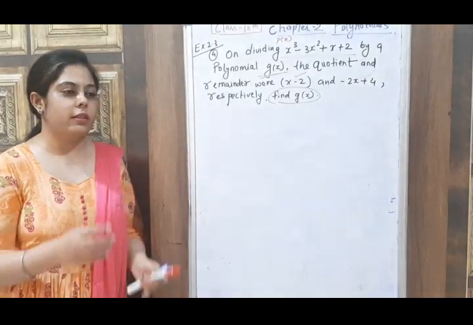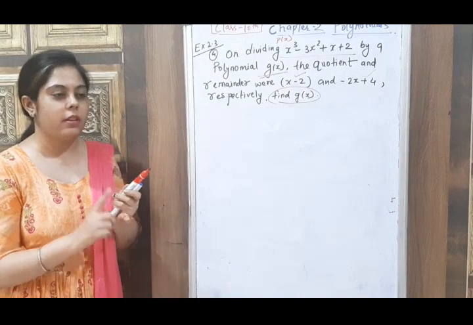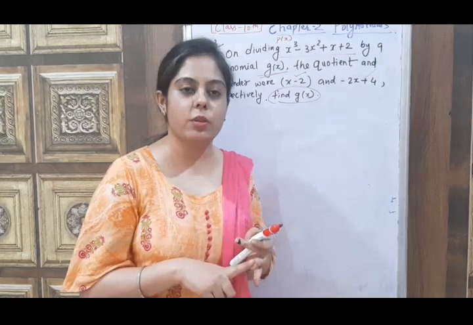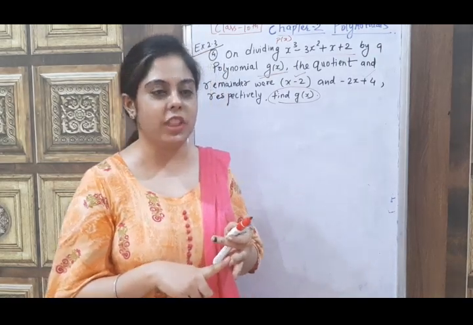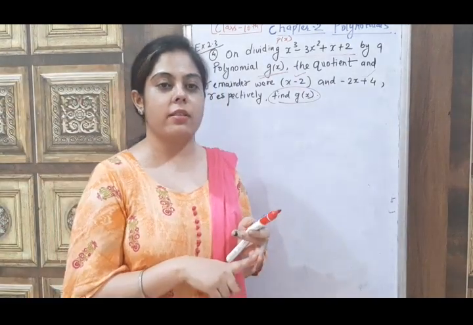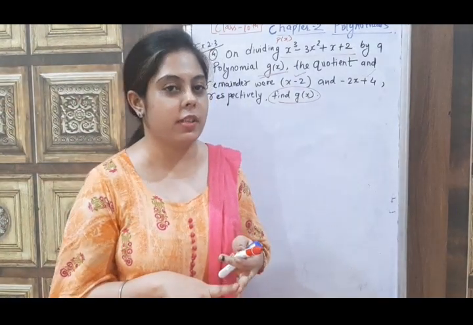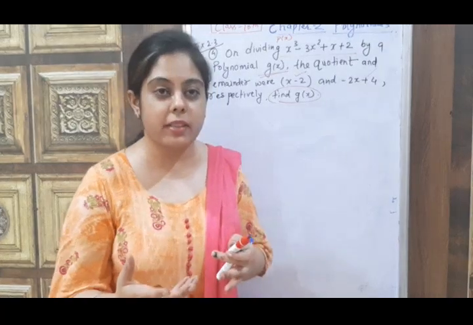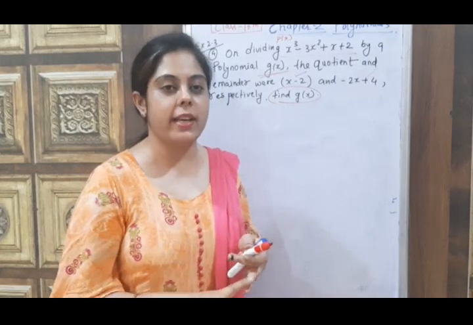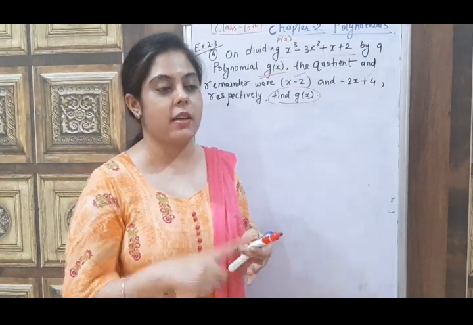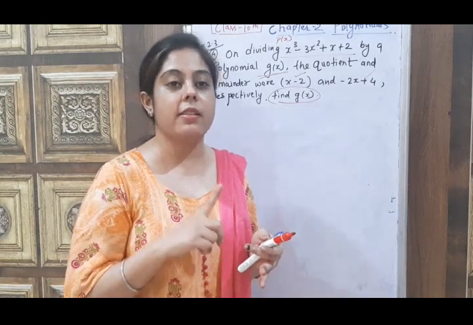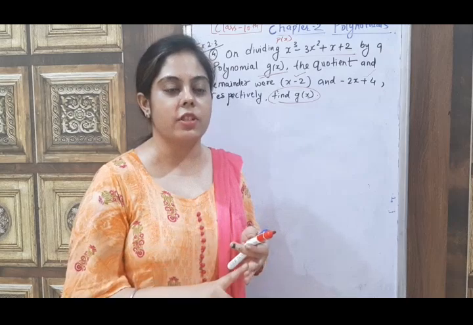So in this question, the px means dividend we have, remainder we have, and quotient we have, and we just need to find gx, means the divisor we have to find here. It means for this question we have to use the division algorithm first, and you know the division algorithm, have you remembered that formula which I have given you? Px is equal to gx into qx plus rx, where rx is equal to 0 or degree of rx is less than degree of gx.